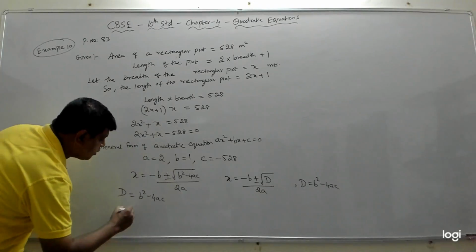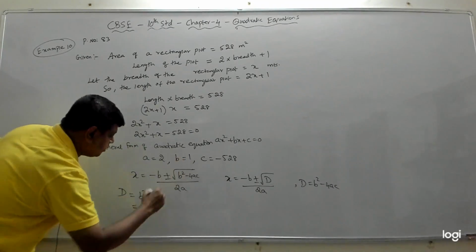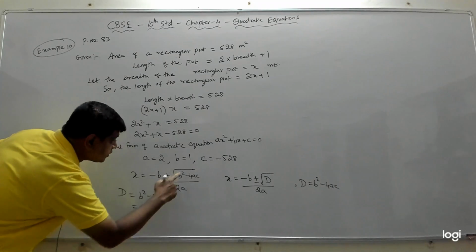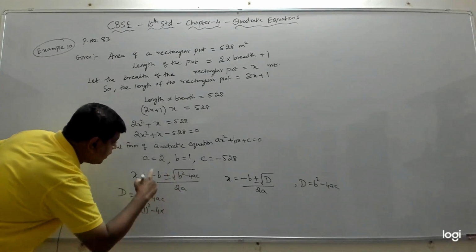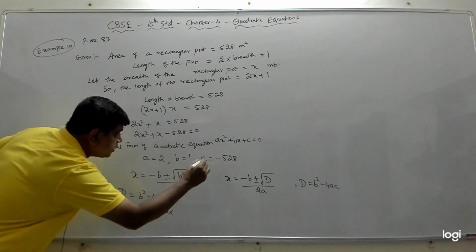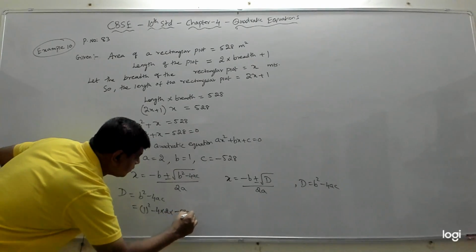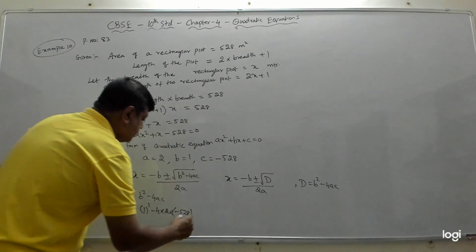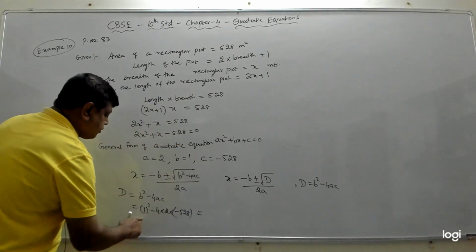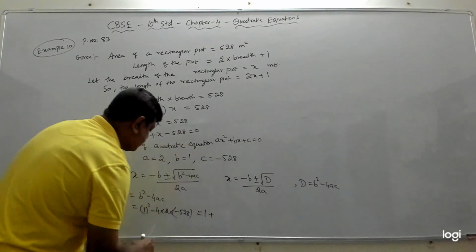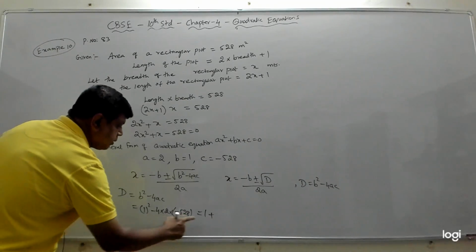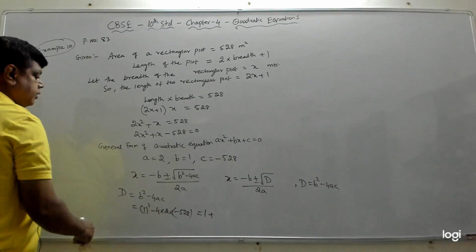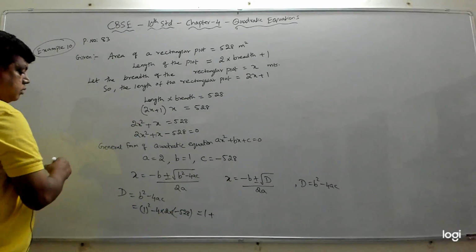So let's try to find the value of this. Now b square, b is what? 1. So 1 square minus 4 into a is 2 into c is minus 528. Multiply. Now what do we get? If you multiply all this, it is 1 plus, because minus into minus will become plus, 4 twos are 8, 8 into 528.